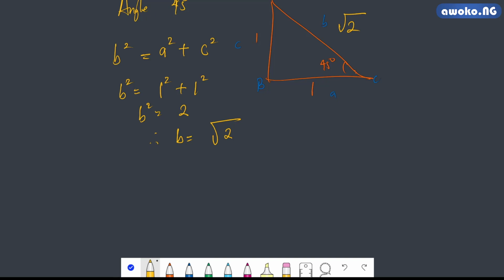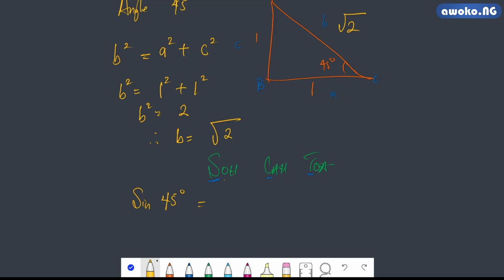Now, to get the corresponding trigonometric ratios for the angle 45 degrees, we'll consider what we call SOHCAHTOA. And I'm sure you still remember what SOHCAHTOA means. S stands for sine, C stands for cosine, and T stands for tangent. Is that okay? So now let us consider sine 45 degrees. Of course, sine is opposite over hypotenuse.